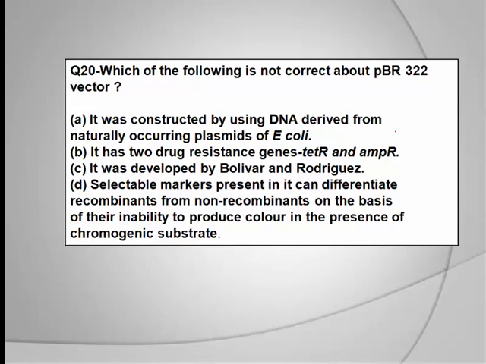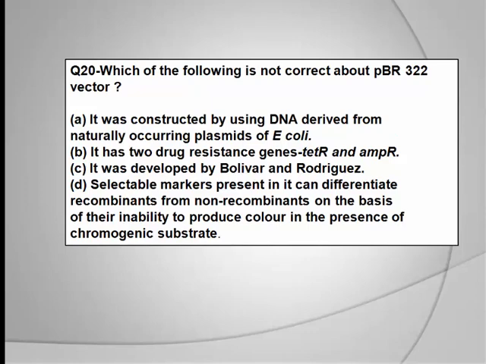It was constructed by using DNA derived from naturally occurring plasmids of E. coli. This came up in the discussion earlier; pBR322 was constructed using E. coli plasmids, along with pBR318 and pBR320. So the first statement is right. It has two drug resistance genes, tetracycline and ampicillin. That is also correct. It was developed by Bolivar and Rodriguez. That is why the B and R.